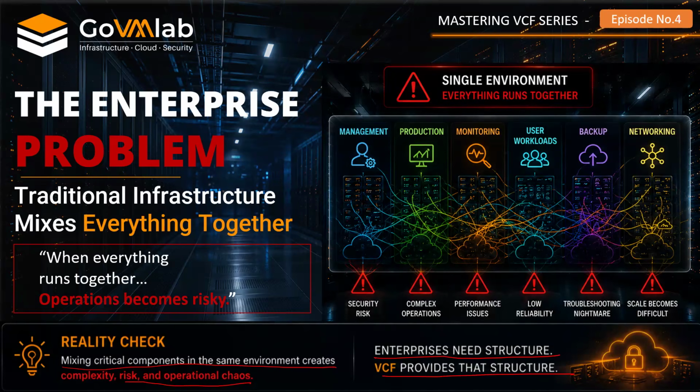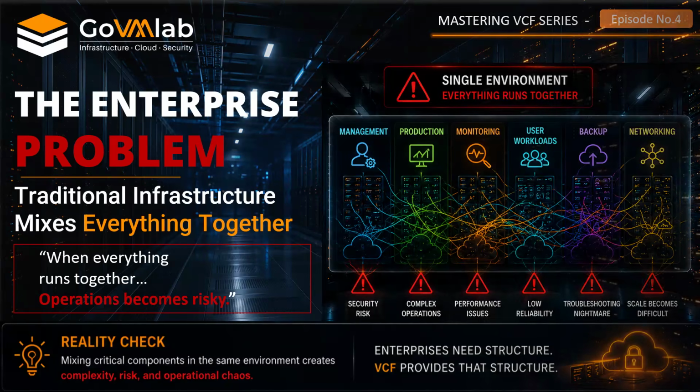The answer is absolutely no, because critical operations require separation and a structure. That's the key thing. We really need to understand that critical operations always require separation and a control structure, and this is exactly why enterprises intentionally separate their environments.